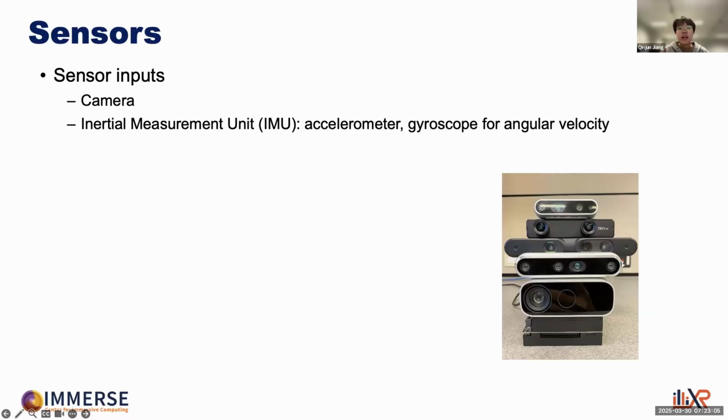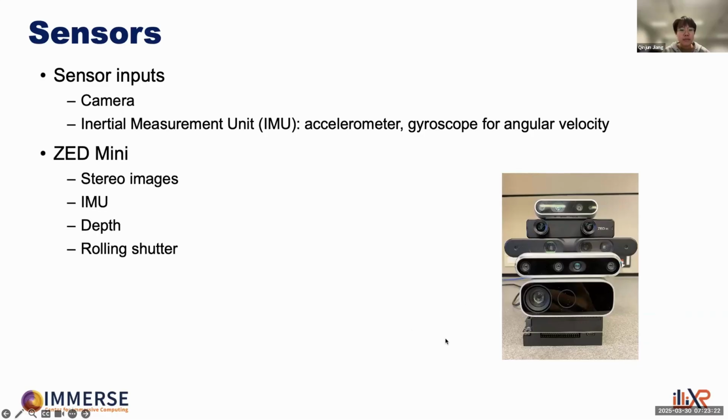There are also many different types of cameras, such as normal color cameras with different fields of view, and depth cameras that can provide depth information. In ILLIXR, we have interfaces for a few different cameras. The one that we use most often is called the ZED Mini, which is developed by a company called Stereolabs. It has nice sensors where you can obtain stereo images, which is a left eye image and a right eye image, in a time-synchronous way.